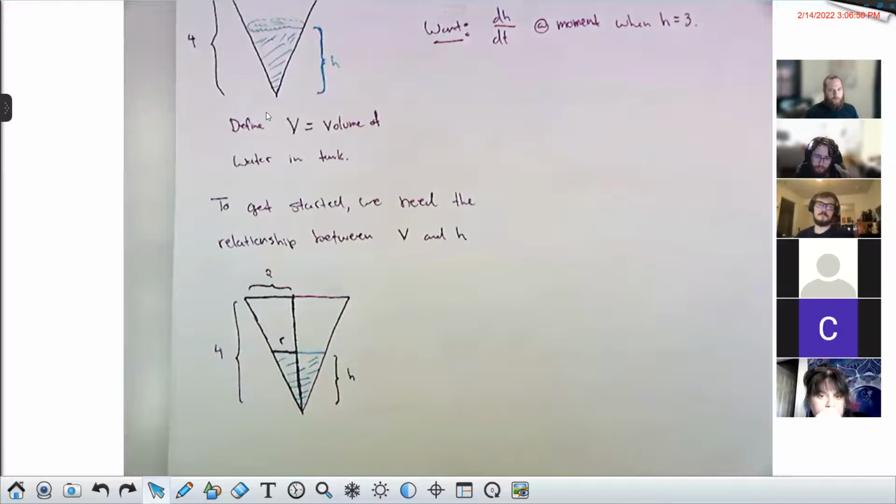The volume of the water in the cone, right, the volume of any cone is 1/3 times pi r squared h.